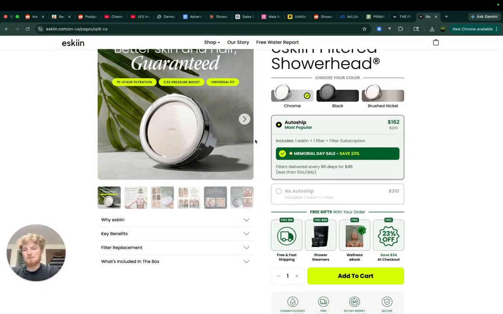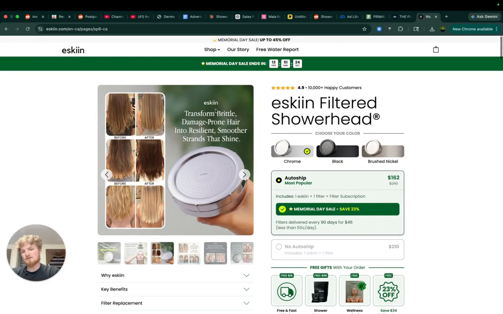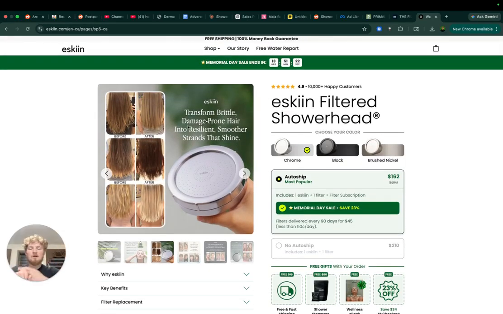Because now that we know everybody's marketing it towards damaged hair, hair loss, all of these things, we kind of want to make our own market, which we did, which were postpartum women with scalp issues. And so what ended up happening is we were able to make that product work very well, very quickly, because nobody was dominating in that specific angle. But yeah, that's kind of how I come up with angles.